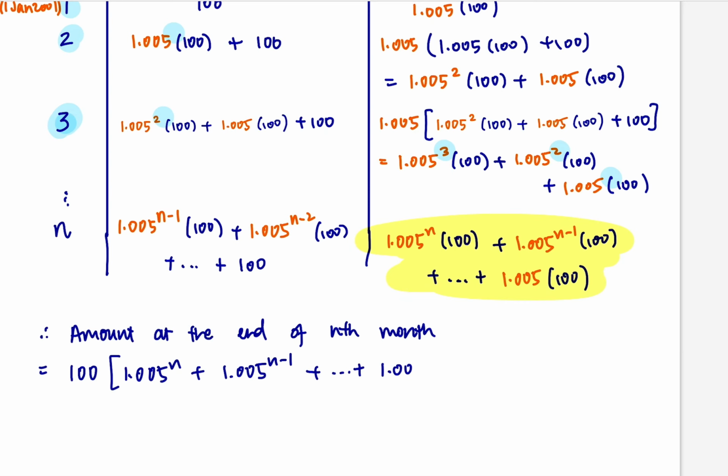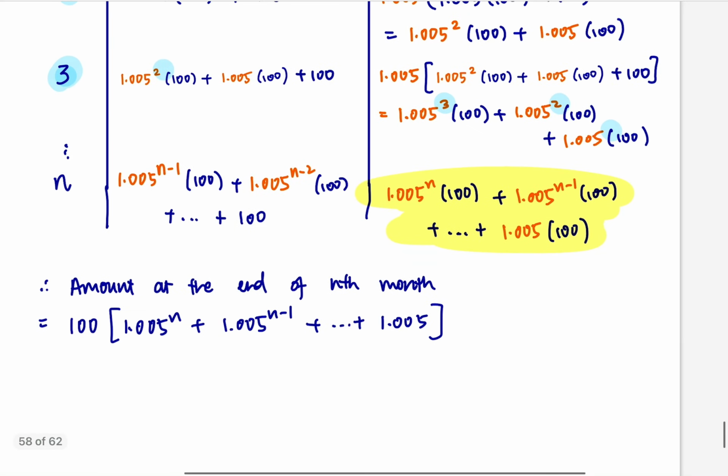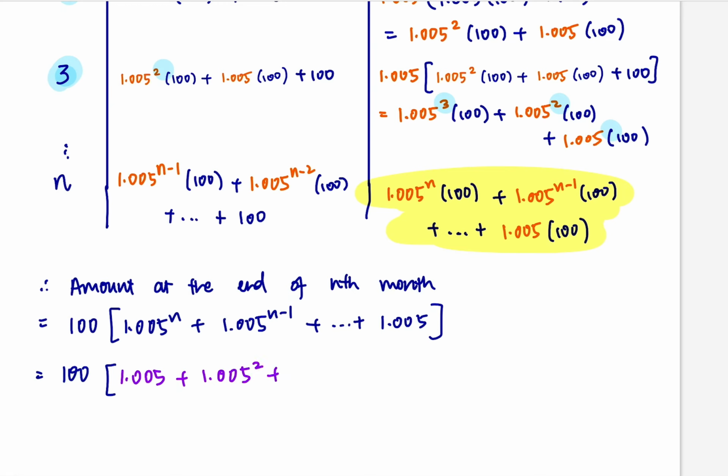Now this is actually very difficult for us to observe, or rather to come up with a formula for GP directly. What I'll do is I will try to rewrite the order. So instead of A plus B plus C plus D, I write D plus C plus B plus A. And you realize that, hey, now the power increases.